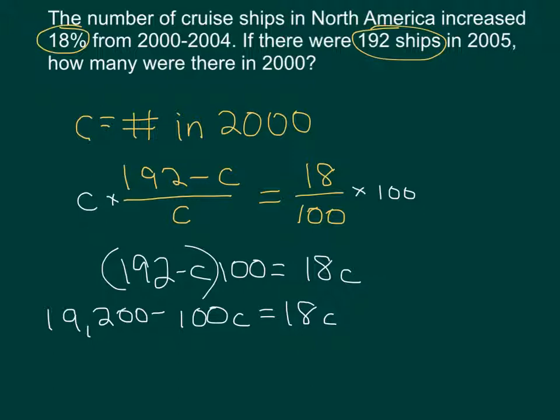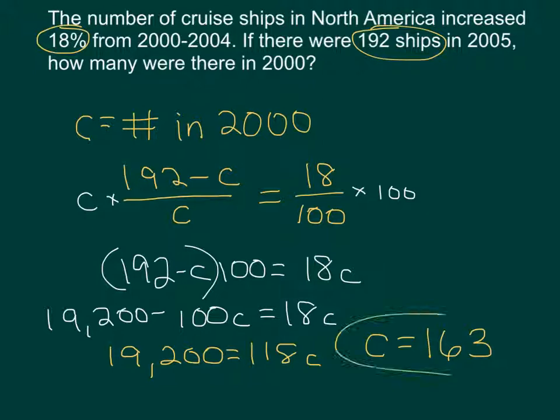Add 100C to both sides, so you get 19,200 equals 118C. Then you can divide both sides by 118, and you get C equals 163. So that means that the approximate number of ships in 2000 was 163.